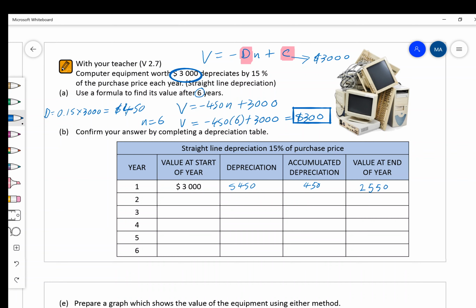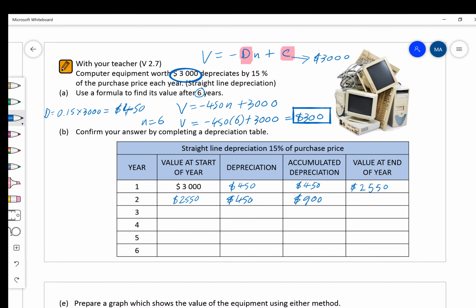These are all in dollars. Now, that value carries over to the start of year 2. The value at the end of year 1 becomes the value at the start of year 2. We have another year of depreciation, so altogether that's 2 lots of 450, so the accumulated depreciation is $900.